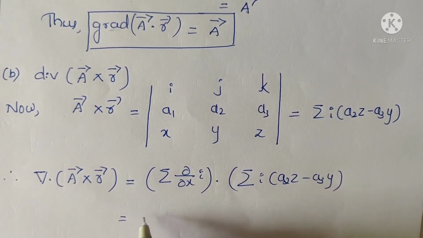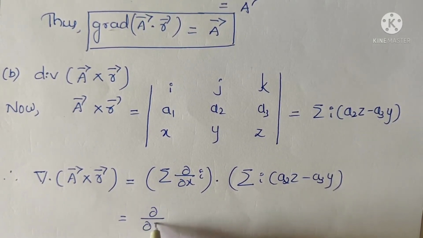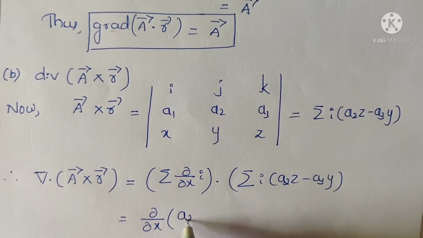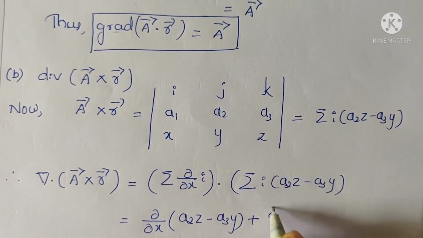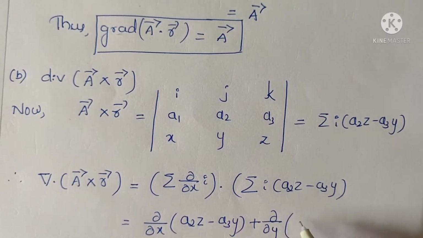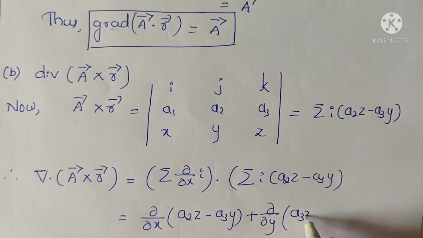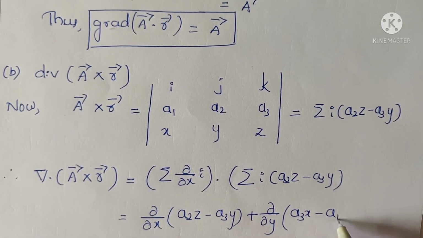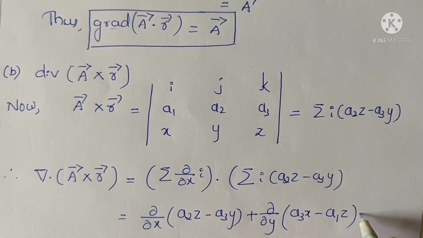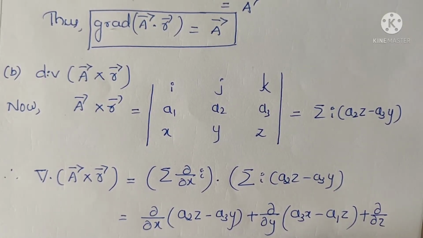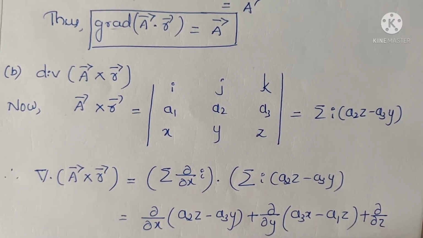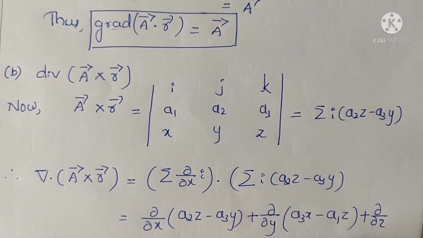So now what is the dot product implies now? Dou by dou x of a2z minus a3y plus dou by dou y of a3x minus a1z plus dou by dou z of a1y minus a2x.